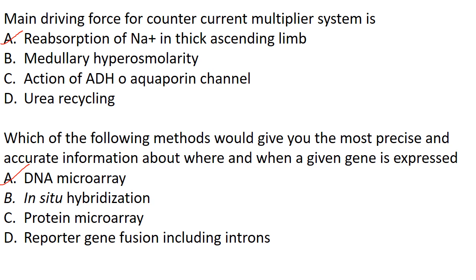Which of the following methods would give you the most precise and accurate information about where and when a given gene is expressed? Given gene is expressed means you have to go for DNA microarray. Answer is option A.